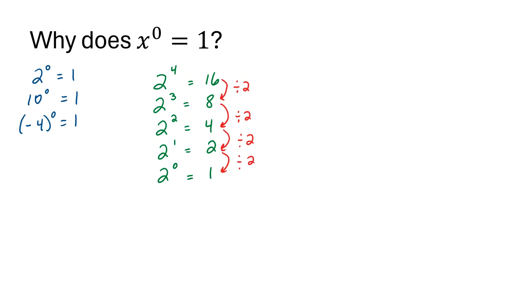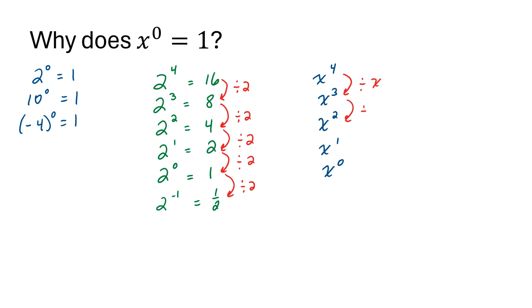And as a matter of fact, for negative exponents, this pattern keeps going. If I divide by 2 again, I would end up with a half, and we could continue this pattern. So in general, this is going to be true for any exponent, or any base. If we say x to the 4th, x to the 3rd, x to the 2nd, x to the 1st, x to the 0, here I would have to divide by x to get the next value.